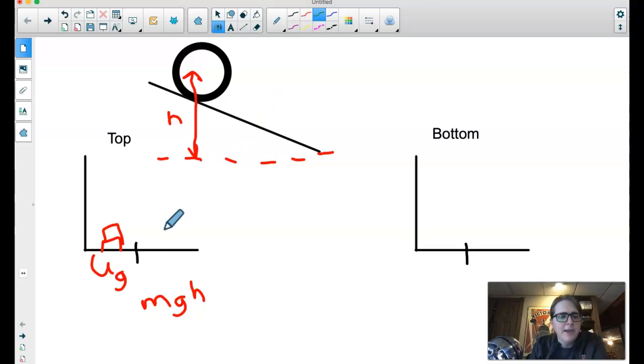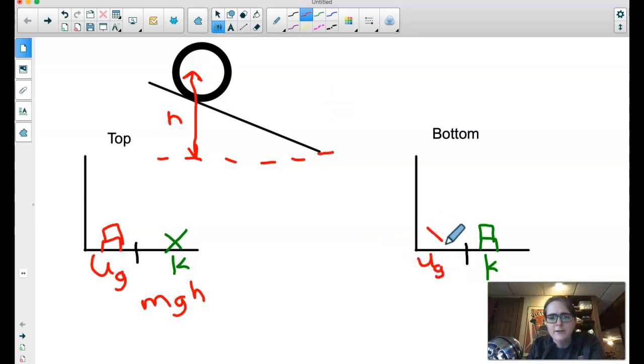The other type of energy we would pay attention to is kinetic energy. And if I just set this object down at the top of the ramp, it starts out with no kinetic energy. And then what I would do is say at the bottom of the ramp, I'm going to set that as a height of 0, since that's where I'm measuring my height from, which means at the bottom, all of the energy is kinetic and there is no gravitational potential.